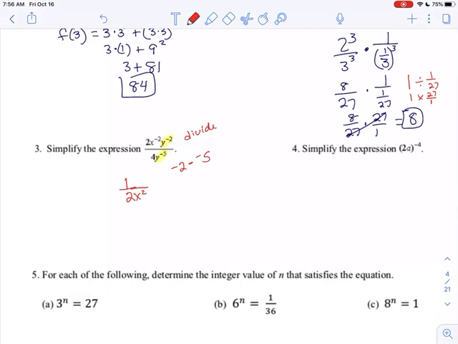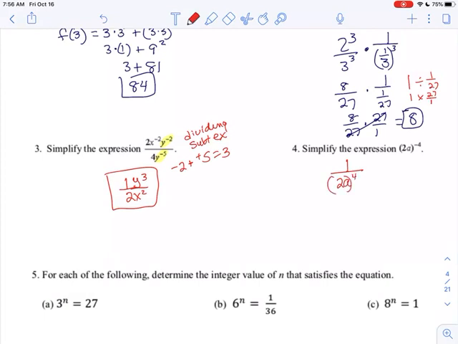When I'm dividing, I subtract exponents. So negative 2 minus negative 5. I'm dividing, so I'm subtracting the exponents. Negative 2 minus negative 5 is actually 3. So I'm left with y to the third. Since it's y to the positive 3, that goes in the numerator.